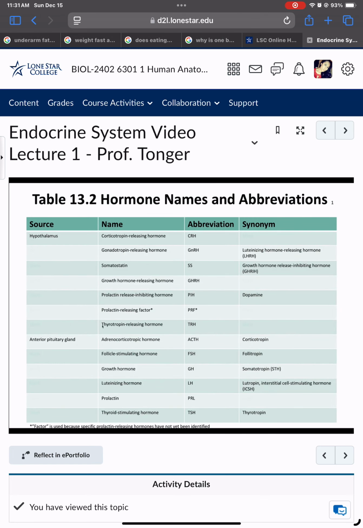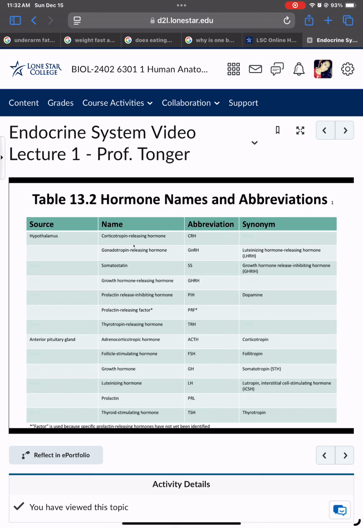Over here, what you see is a table where you have the gland located as the source. And like I said, these are the primary endocrine glands, where the primary function is to release hormones.